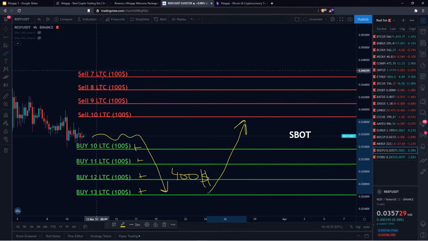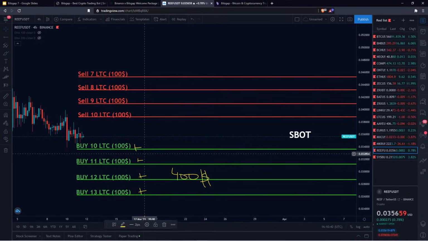So that's why, in order to answer which one is the best, it really depends case by case, because you never know how exactly the price is going to swing on the market.